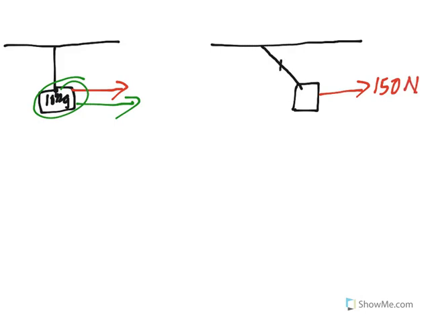There's going to be some tension in that string, and of course the other thing that I haven't drawn yet is the weight force. Alright, so if that thing is in balance, we then just need to resolve our forces. Now, we've got two dimensions here. The easiest thing for us to do is to separate it up.